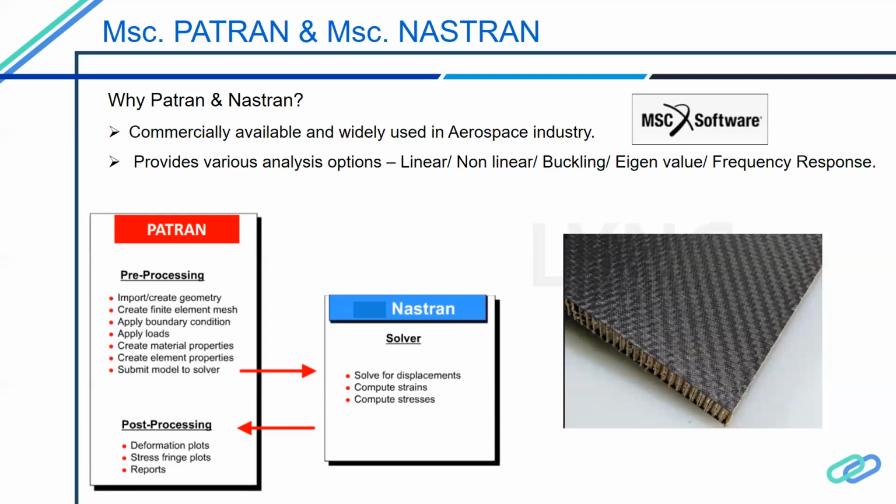One of the key advantages of using PATRAN is you can model composites using PCOMP properties, and you can use the composite laminate modeler option in PATRAN, which is now commercially available and included in the package, by which you can see how we have modeled each and every lamina.